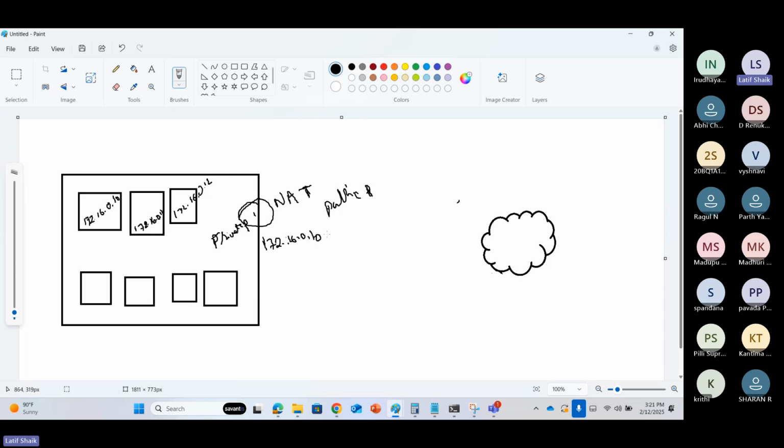This is my private IP, then it is mapped to some public IP. Just for example.